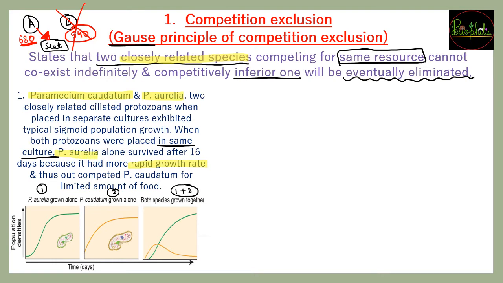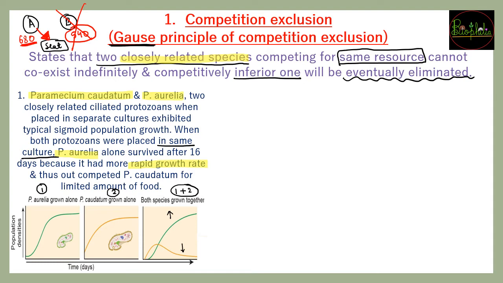Paramecium aurelia is going to show rapid growth, and Paramecium caudatum तो उसको exclude कर दिया जाएगा because it was not superior, it was inferior, it could not survive between the competition of the two species of Paramecium. So Paramecium aurelia survive कर जाएगा, and you can see in the graph as well the Paramecium aurelia, the green one, how the graph increased in population, जबकि Paramecium caudatum का population decrease हो गया as the time went by.